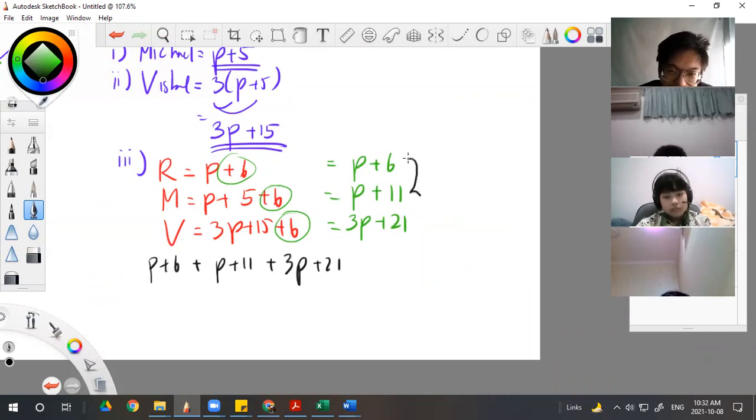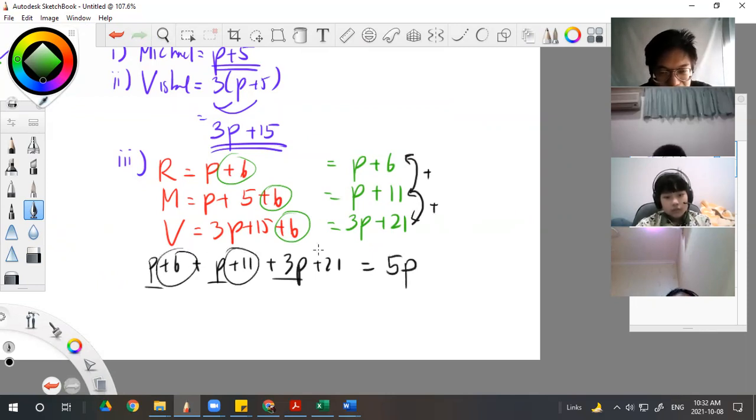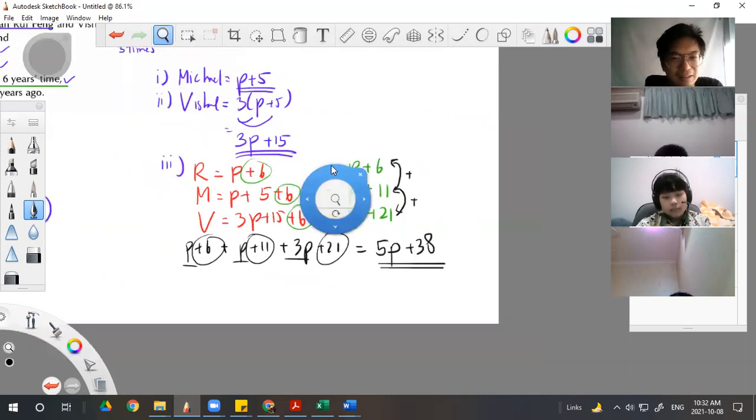Satu-satu yuk tambahin. Okay. So, the answer will be P plus 3P, salah, 5P. Right? And then 6 plus 11, 17. 17 plus 21 is 38. That's all.